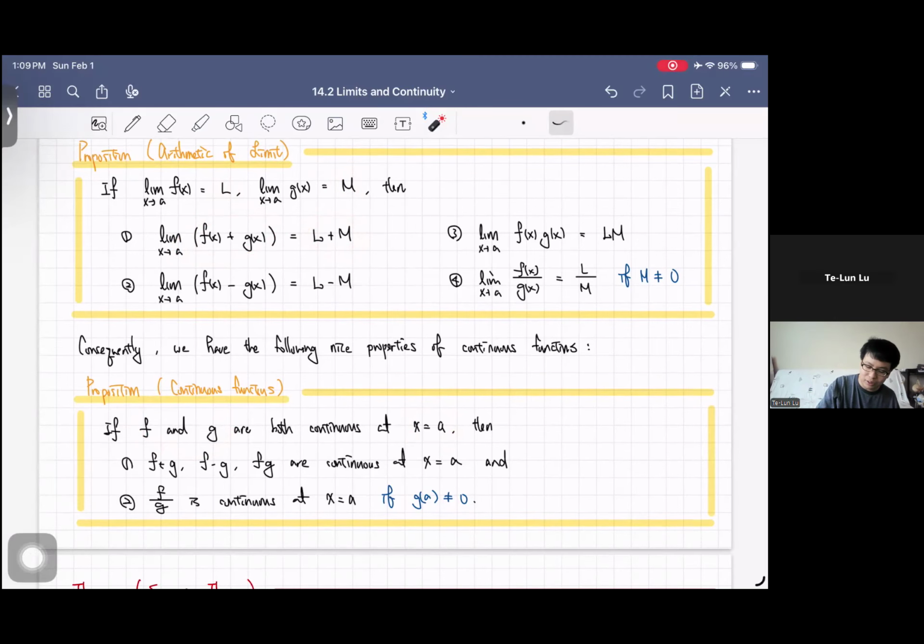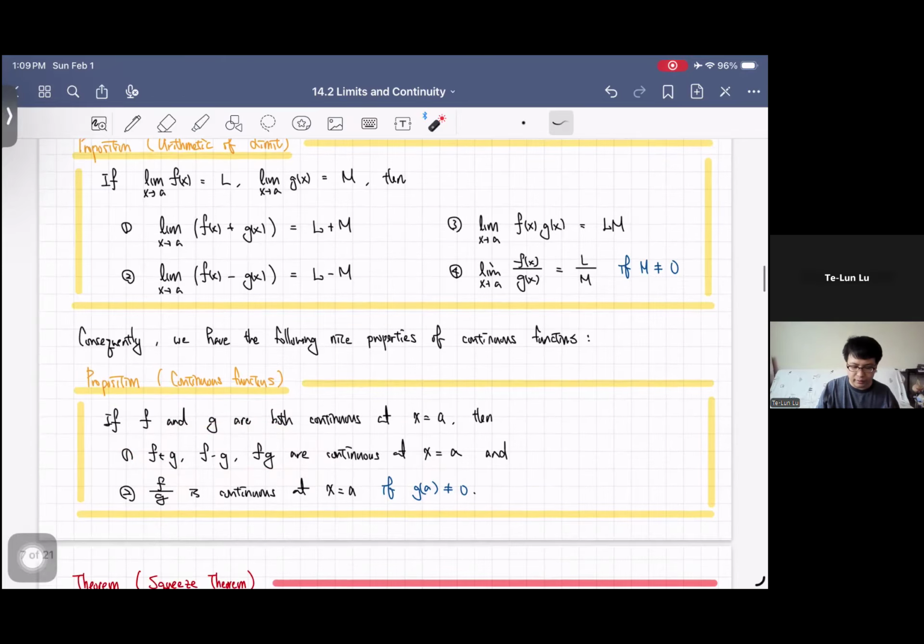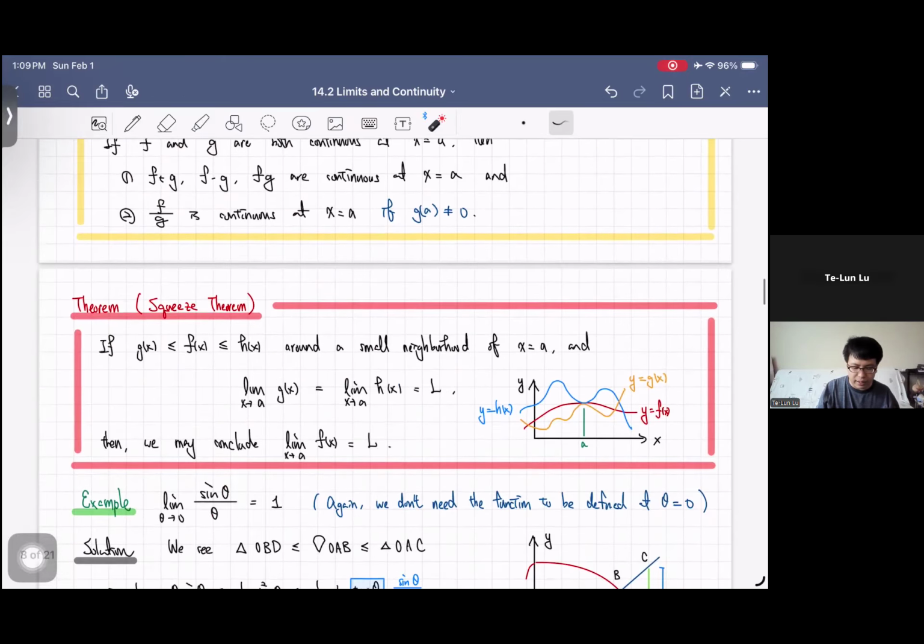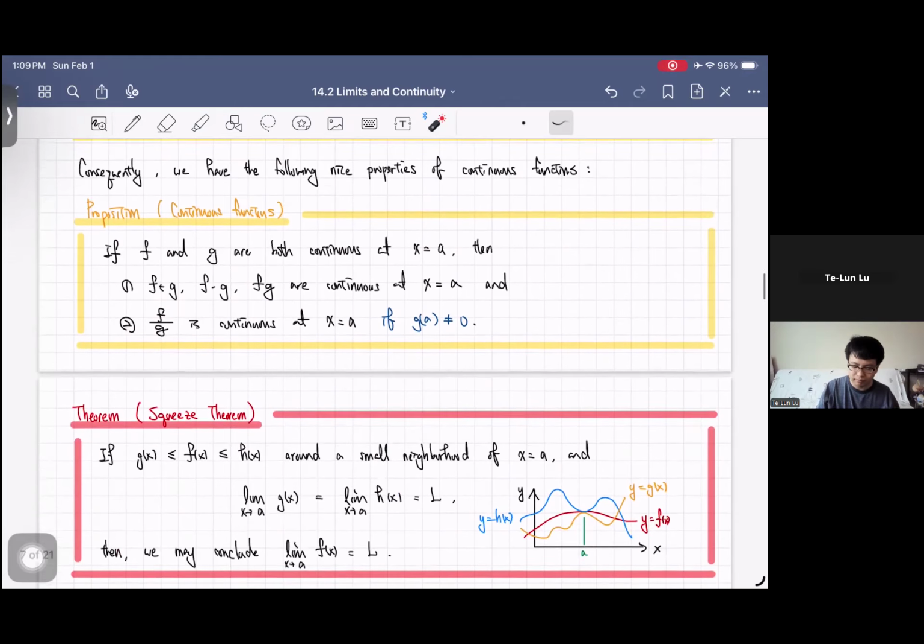So continuous functions form a nice space with respect to addition, subtraction, division, and multiplication. That means that f plus g, f minus g, and fg are all continuous at x equal to a, and f over g is also continuous whenever the function value of g at a is non-zero. Right. So that's all. I guess you have learned that back in calculus 1.